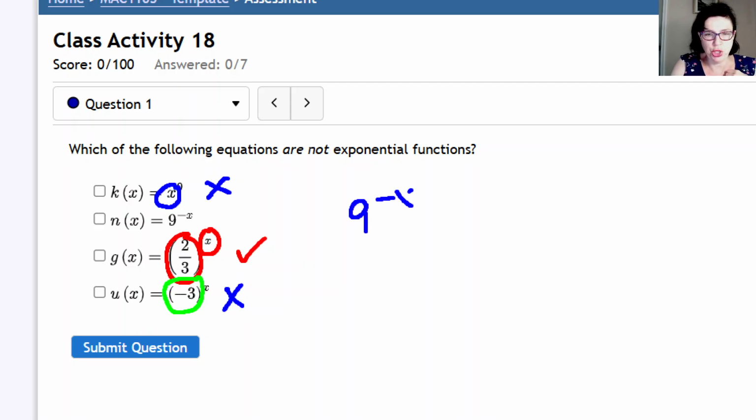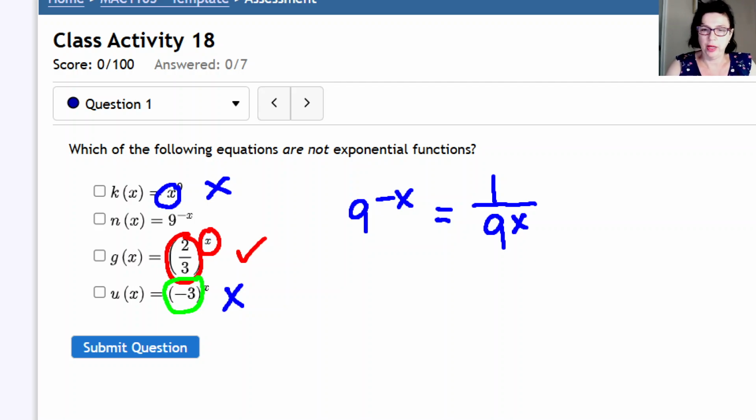Actually, by definition of a negative power, the way it works is you don't pull the negative outside of the exponential expression. Actually, this becomes 1 over. The negative power, if you want to get rid of it, you move the expression to the bottom and negative goes away. Now, you may say to yourself, okay, how is that exponential? How is that some kind of number raised to the power x?